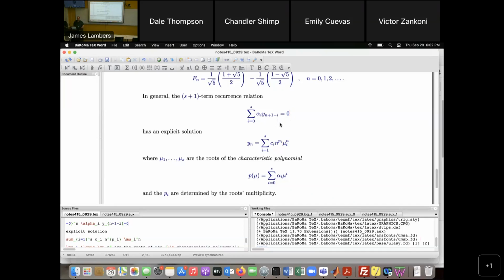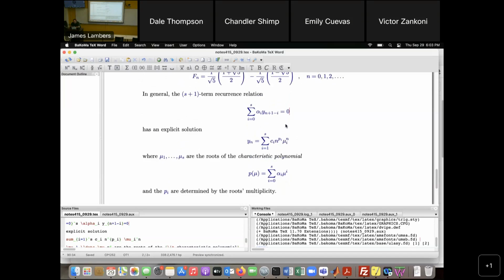That relates to methods you learned about in your first ODE class, like the method of undetermined coefficients. So there's a lot of commonality between recurrence relations and differential equations and the structure of their solutions. That's why recurrence relations play a key role in the analysis of numerical methods for solving differential equations. So I end up dealing with these fairly often.